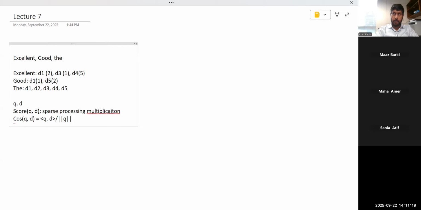Okay? When you multiply 0 by 0 you get 0, and 0 by 1 you get 0. You only get some value when both Q and D have non-zero values. So the minimum size is Q. You only multiply the non-zero values of Q with the corresponding values of D.